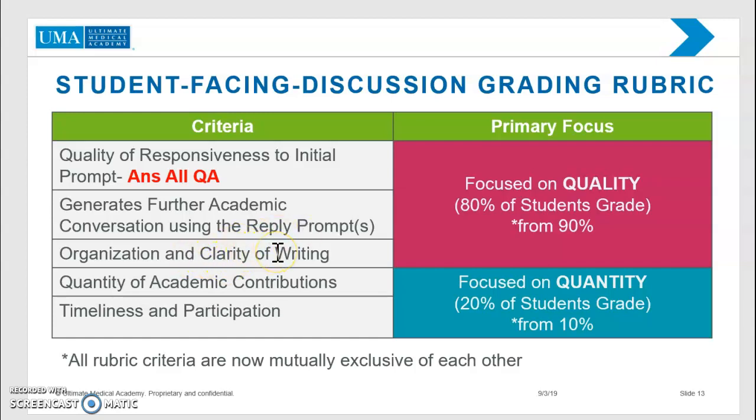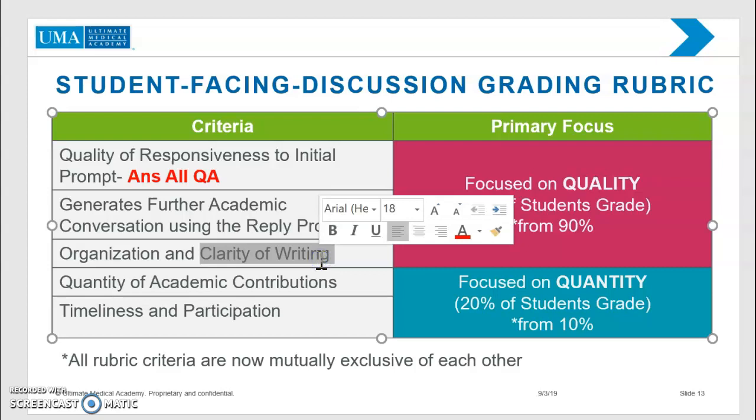Organization and clarity is basically your grammar, your spelling, your sentence structure. And clarity of writing means, am I able to understand what you are writing? So that's very important. If you write something that does not have a period, comma, full stop, and the sentences are all mixed up, that does not give you the clarity of writing, right?